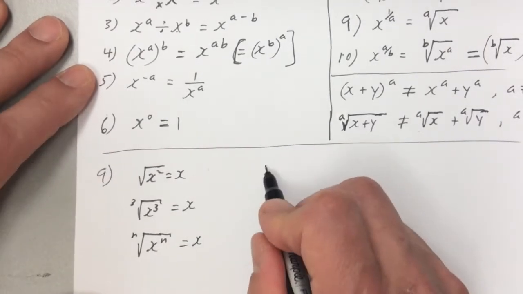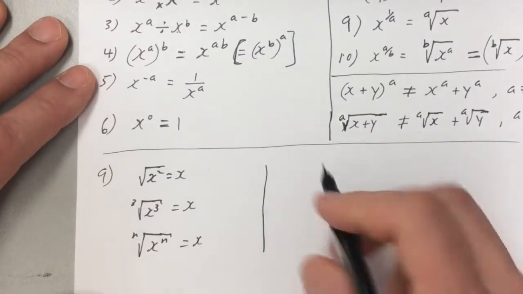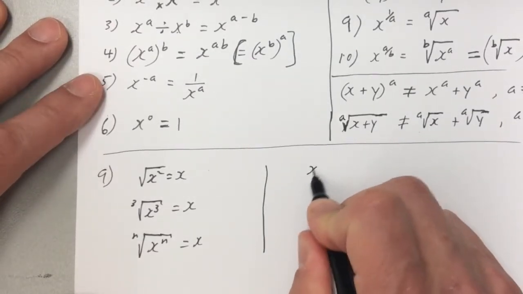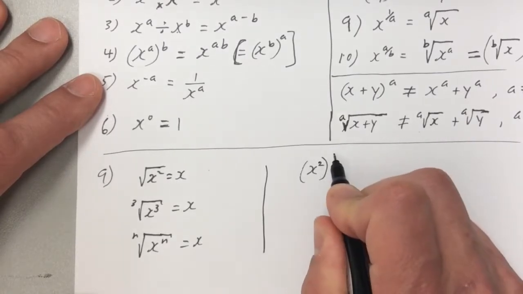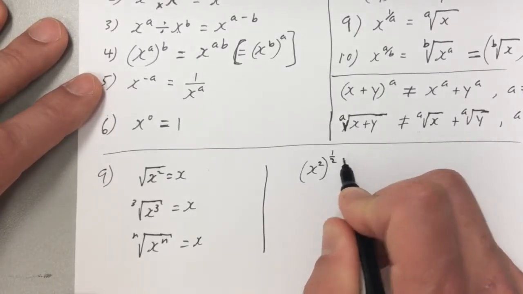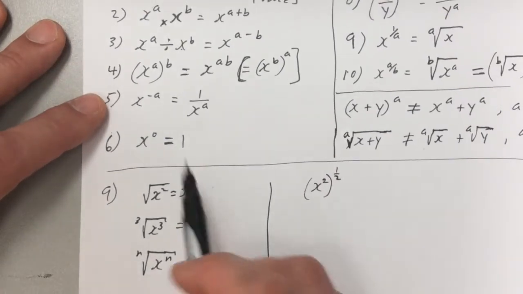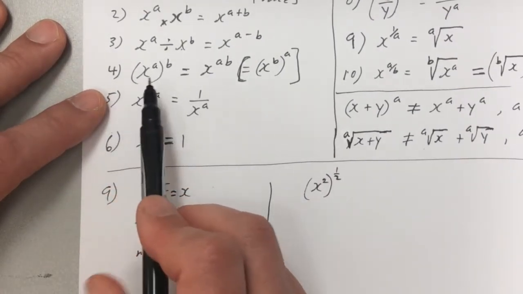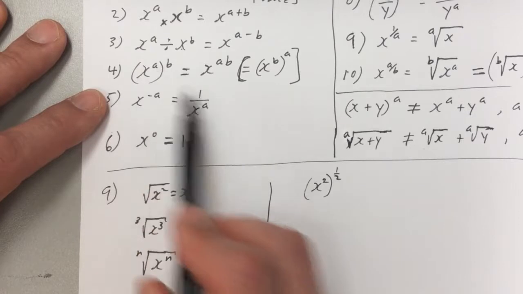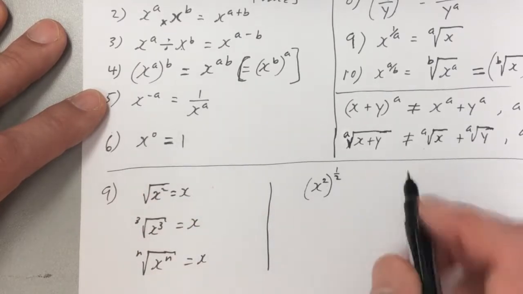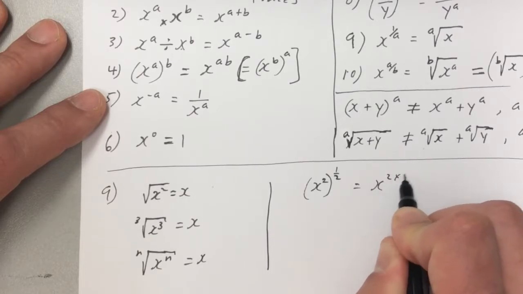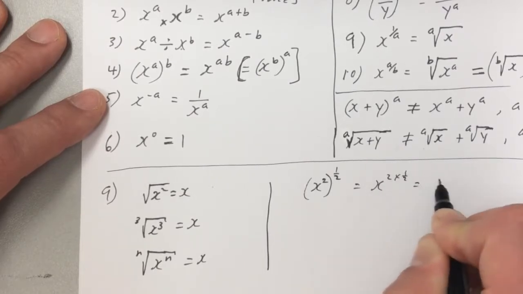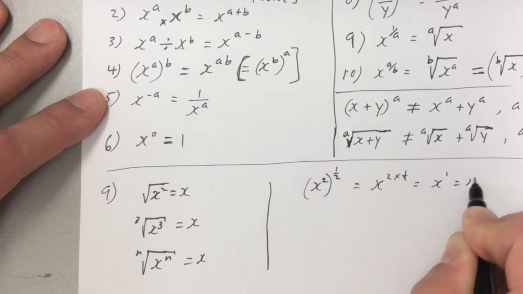Now, just using exponent laws, if you had x squared and then you did to the exponent 1/2, okay, so what we have here is exponent law 4, so a power of a power, x squared to the 1/2 equals x to the 2 times 1/2, which equals x to the 1, which is x.